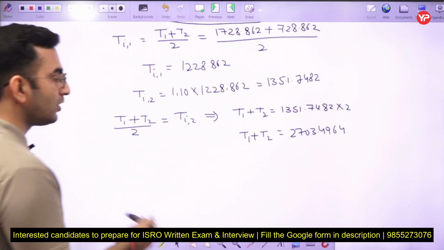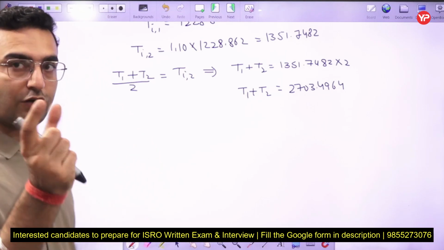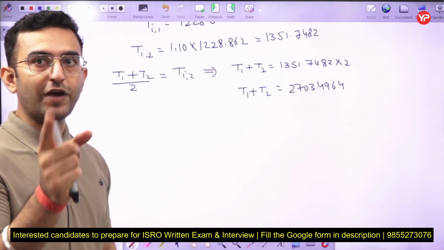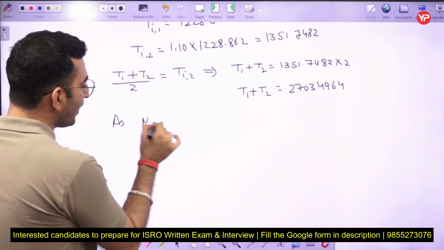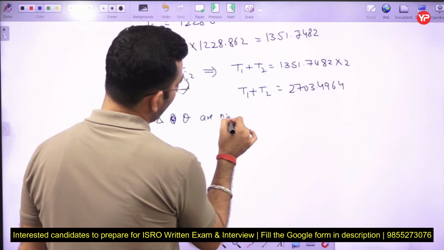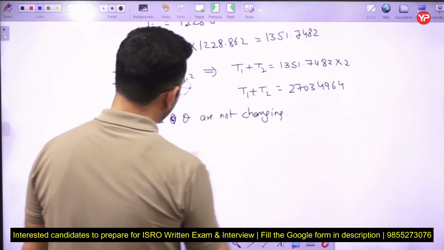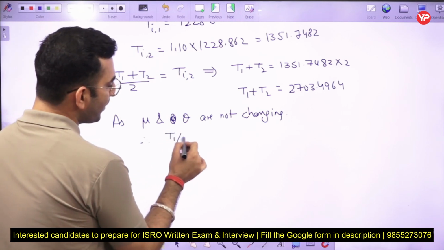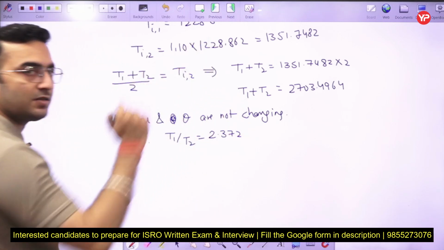Okay, so now again see, we are not changing the value of the coefficient of friction, we are not changing the value of the angle of lap here. So I can say mu and theta are not changing. Therefore I can write T1 by T2 is going to be equal to 2.372, as in the previous case.